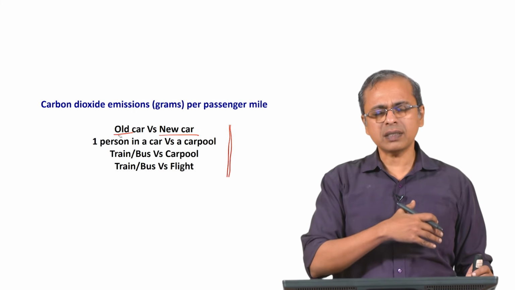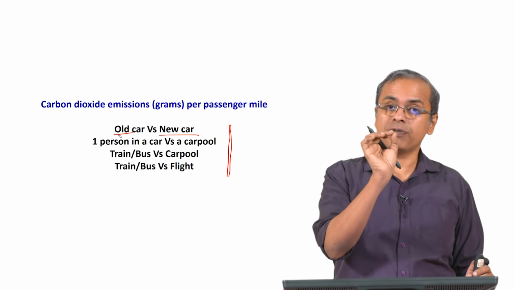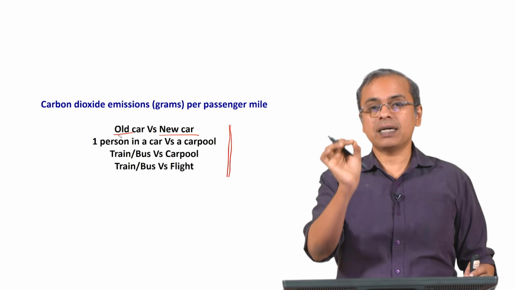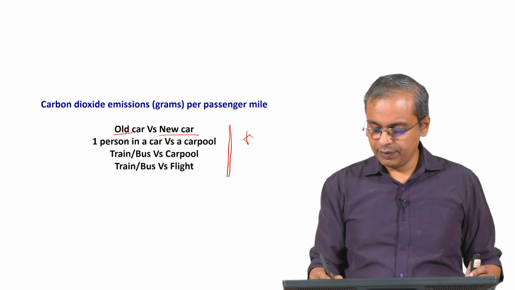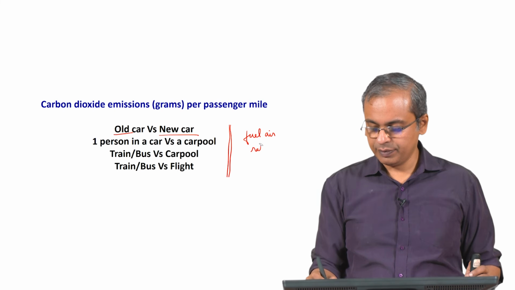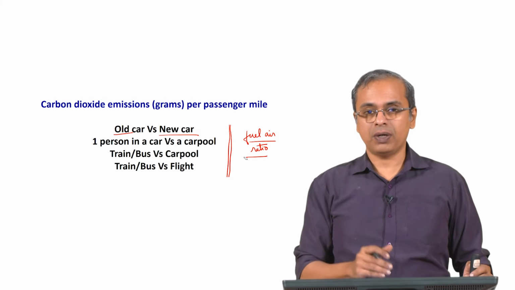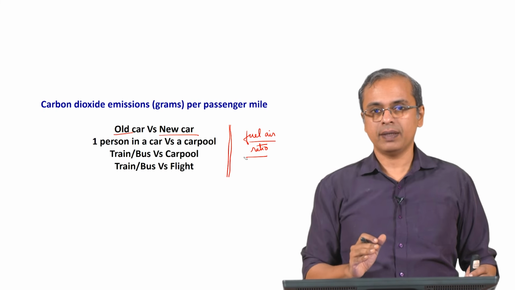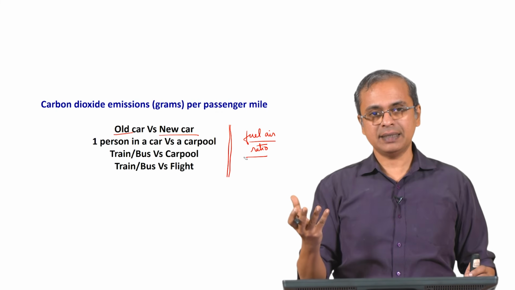The new cars are vastly more clean in the way they burn the fuel, and that has got a lot to do with how much fuel goes into the engine and how much air goes into the engine. There is a fuel air ratio. This decides how clean you are burning the fuel, how much of the fuel you are completely burning. Sometimes unburnt fuel is sent out in the exhaust, or you are not completely getting the energy out of the fuel.